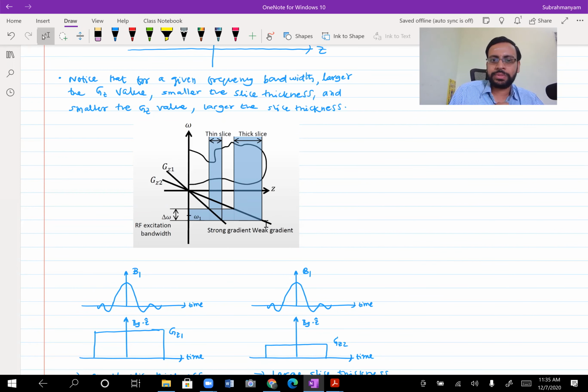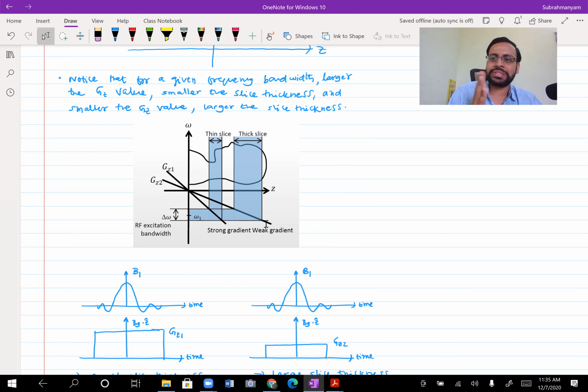Is that clear? So the relationship between the slice thickness and your gradient is, for a given bandwidth, if you are increasing the gradient values, you get very finer results. Even a small change would bring a bigger change in the resonant frequencies. That's the reason. Of course, this is pretty intuitive.